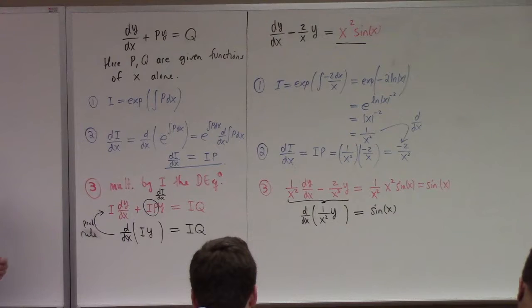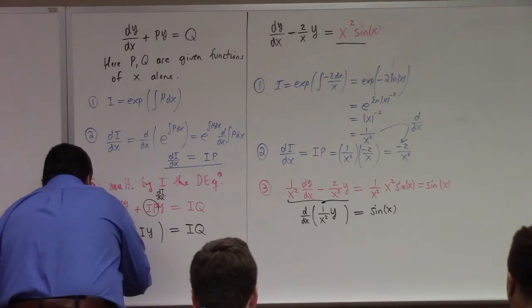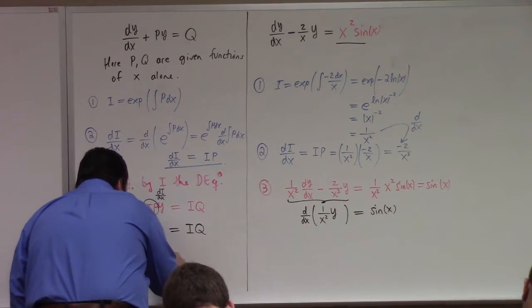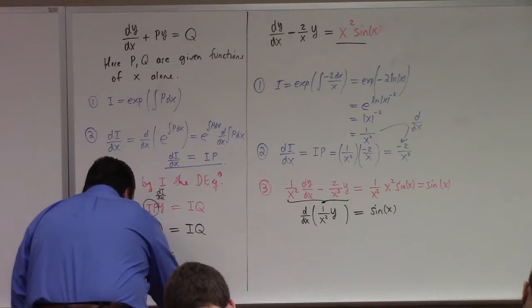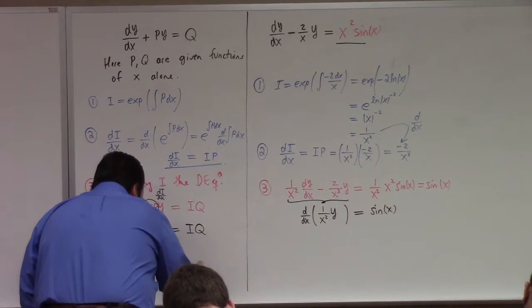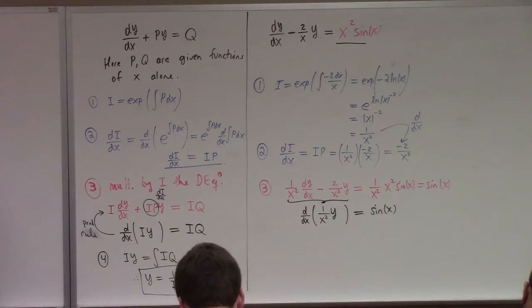Now that we have reached that point, we can just integrate both sides. Once we have a derivative of something equals something else, we can just integrate both sides to solve that. So step 4 is just that I times y is equal to the integral of Iq. So therefore, y is 1 over I times the integral of Iq. And that is pretty much a general formula which will solve this.